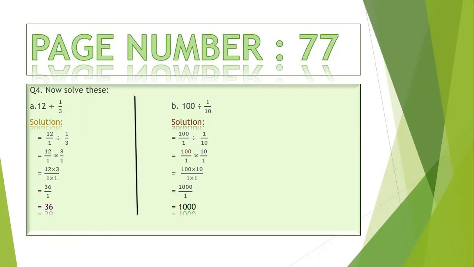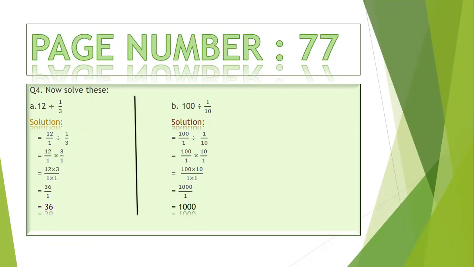We change the division into the multiplication and definitely we take the reciprocal of 1 by 3 which is 3 by 1. Now you have two fractions 12 over 1 multiply 3 over 1. You multiply the numerators and the denominators. 12 3s are 36. 36 over 1 means 36. Part B, 100 divided by 1 over 10.